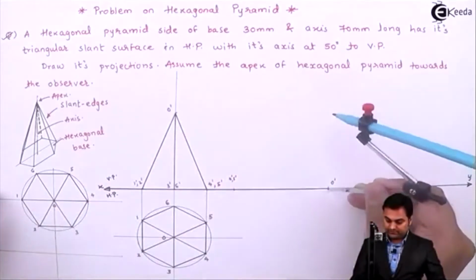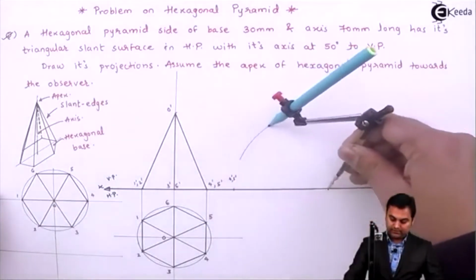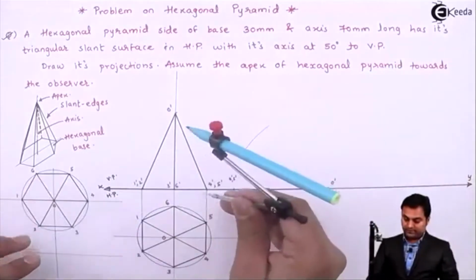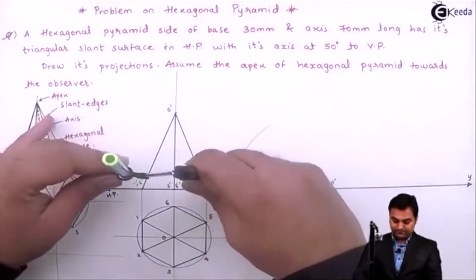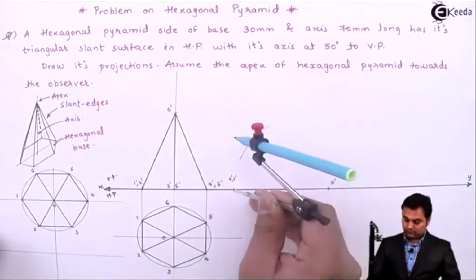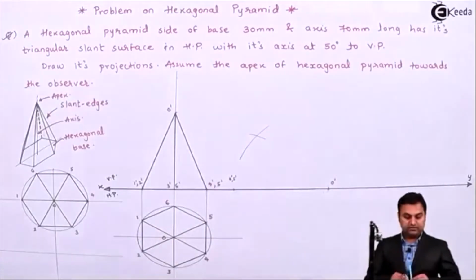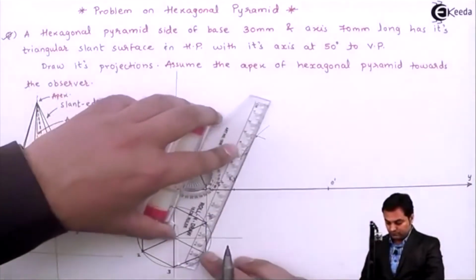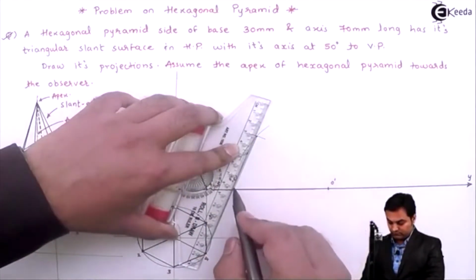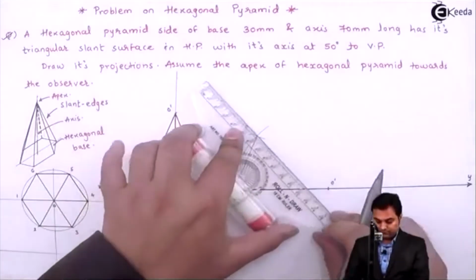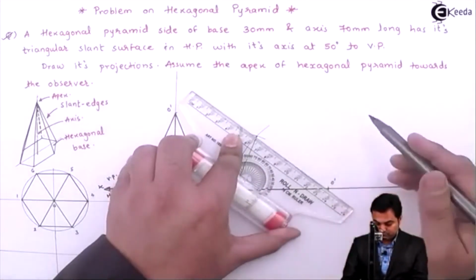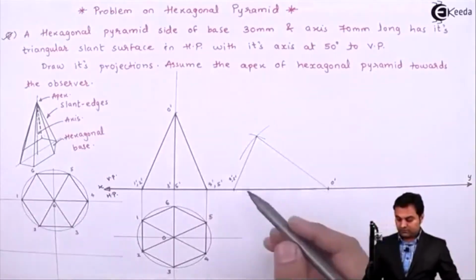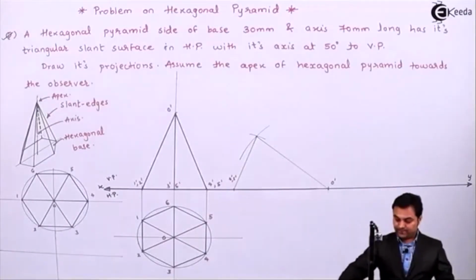So from O dash, I'll draw a light arc. Then taking the distance of the base, cutting this arc, here I am getting a point, joining it. So here we have 4 dash 5 dash.